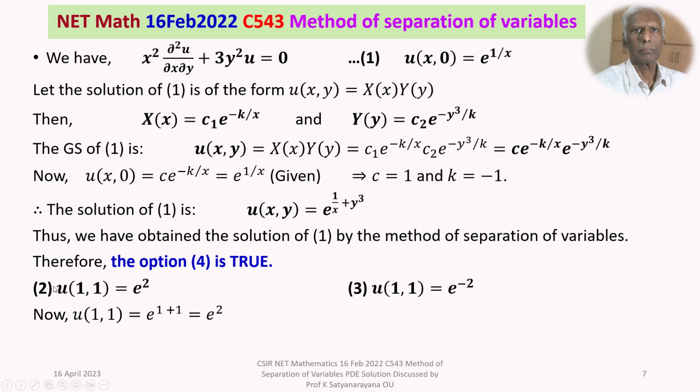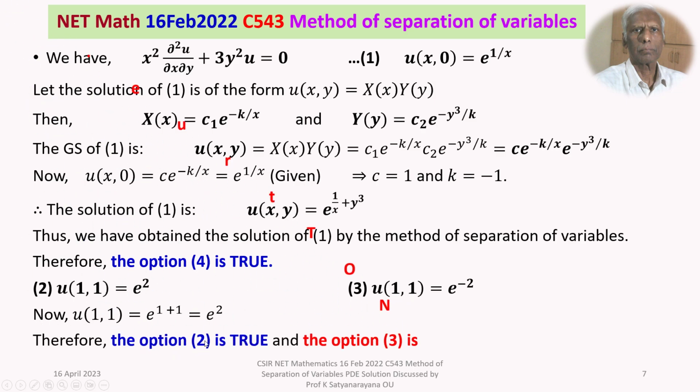That means the option 2 is true and option 3 will be false. Therefore, the option 2 is true because it is e square, and the option 3 is not true because u of 1 comma 1 is given to be e to the power of minus 2, but the answer is e square. That's there in the option 2. And thus the option 2 is true and option 3 is not true.